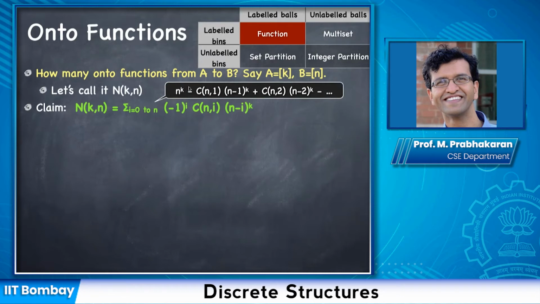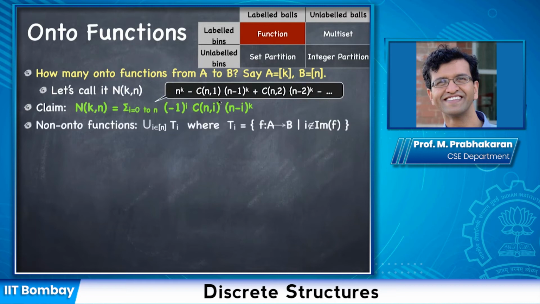Now this n to the power k is the count of all the functions from a to b. Okay, so this counting onto functions you could think of as taking all the functions and subtracting out the number of functions which are not onto. Okay, so that's what we'll do. We'll try to count the non-onto functions.